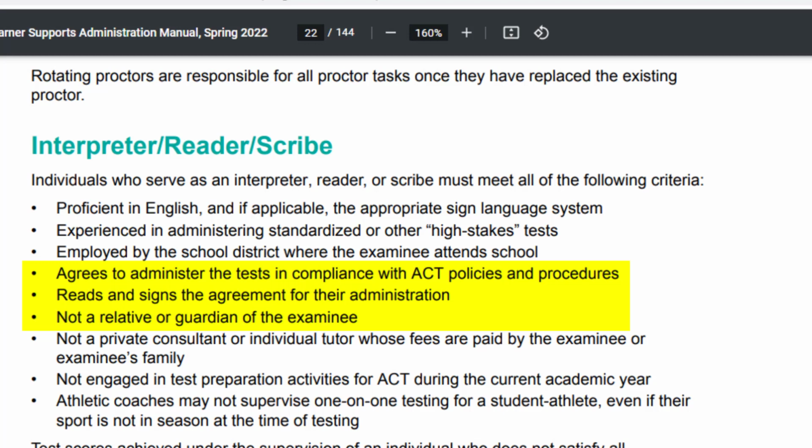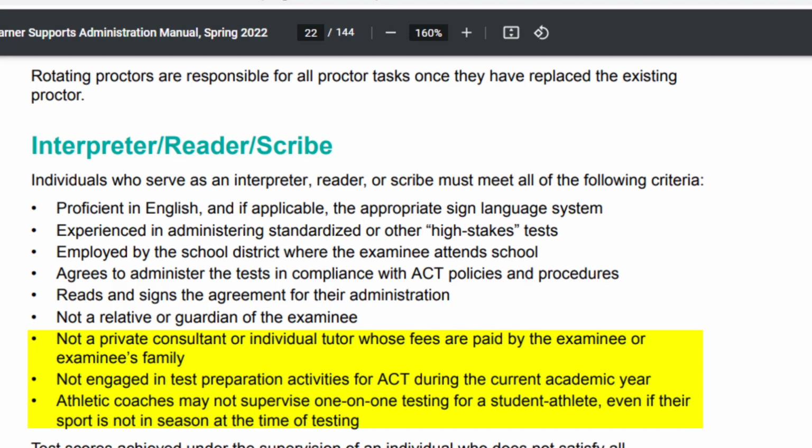Reads and signs the agreement for their administration. Not a relative or guardian of the examinee. Not a private consultant or individual tutor whose fees are paid by the examinee or examinee's family. Not engage in test preparation activities for ACT during the current academic year.